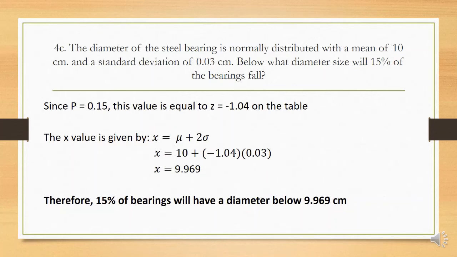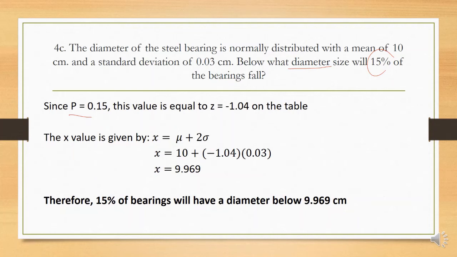okay, the last one, iba yung way ng solution niya, no? Kasi ang tinatanong sa atin, yung mismong diameter. So, ang given actually na 15% is the area or the probability na magkakaroon ng ganong diameter size. Okay?